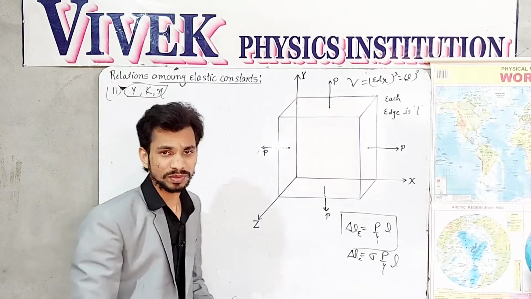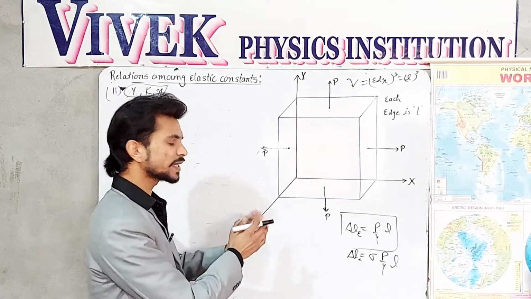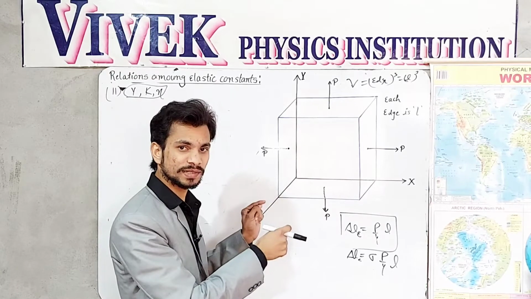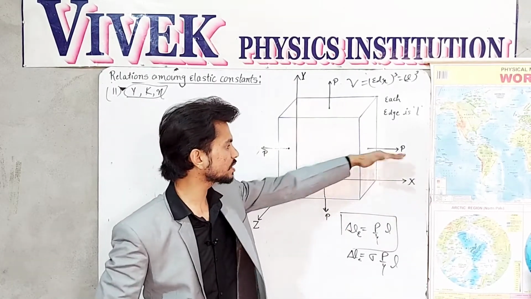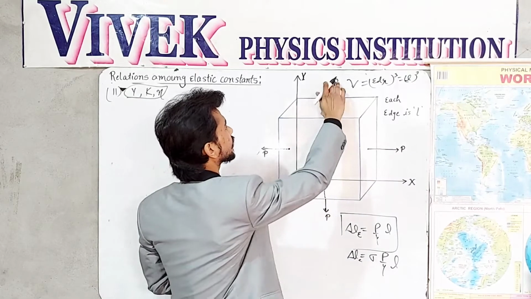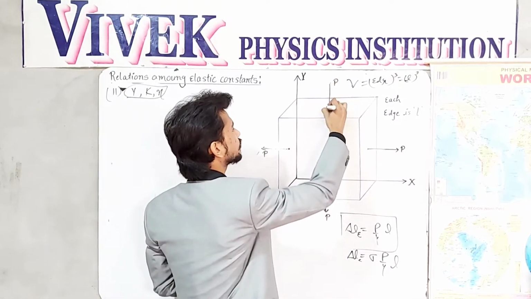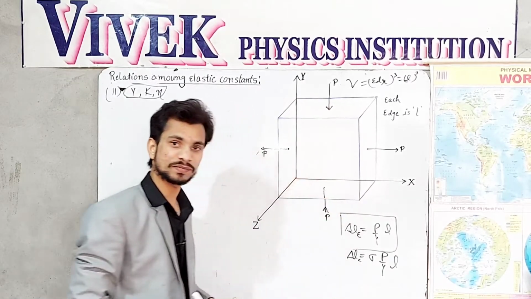Now I am taking a particular case of this cube in which there is an extension, a normal stress along the x-axis, which is shown by these two vectors, and there is a compression along the y-axis, shown by these two vectors.